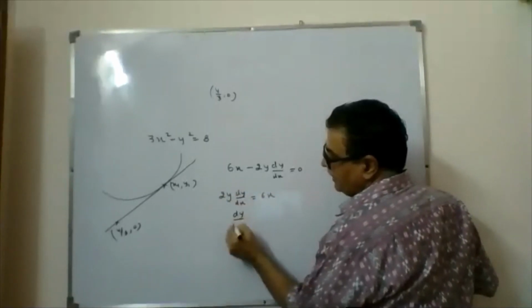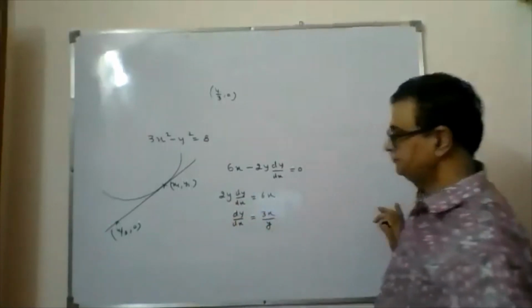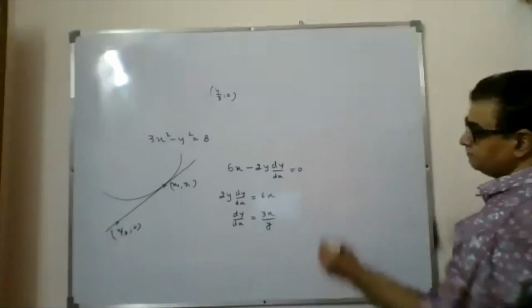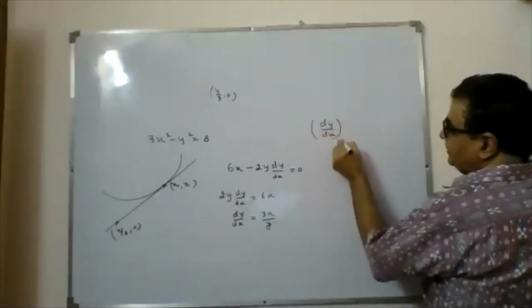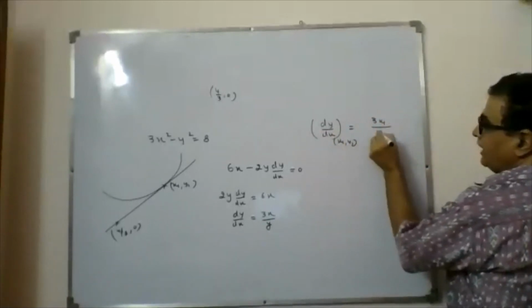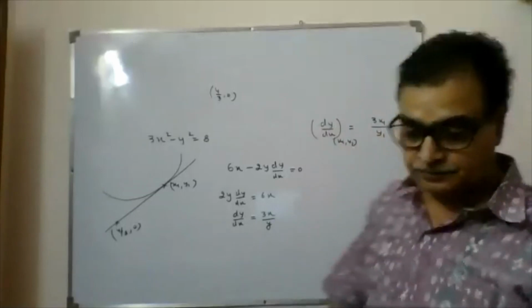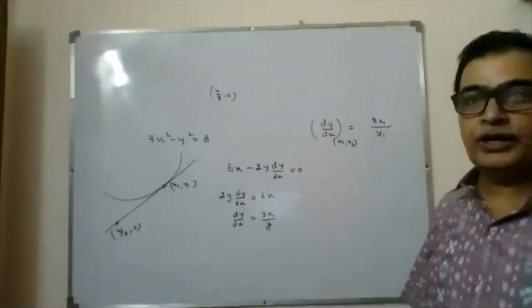So dy by dx comes out to be 3x by y. So dy by dx at x1, y1 comes out to be 3x1 by y1. Is it okay till here?